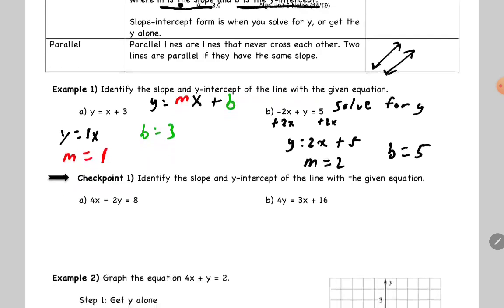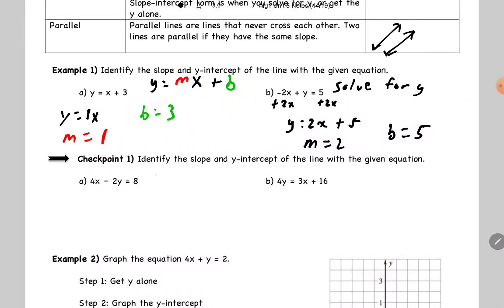Alright, let's do some more. Once again, we need to solve for y. So I'm going to get rid of this positive 4x by subtracting it. Negative 4x plus 8. Okay.